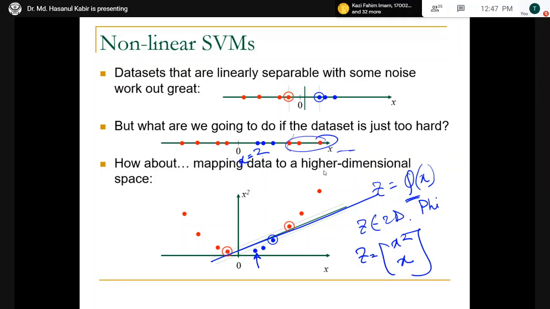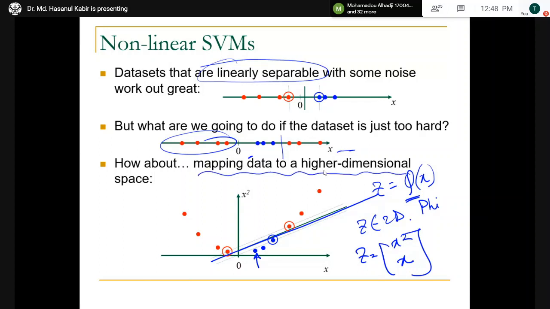And if I take the decision boundary right over here, we'll have misclassification. That means if we cannot linearly separate the data in the original feature space, what can we do? We can transform them into this higher dimensional space, and then we can try to find a linearly separable decision boundary. Is this clear?